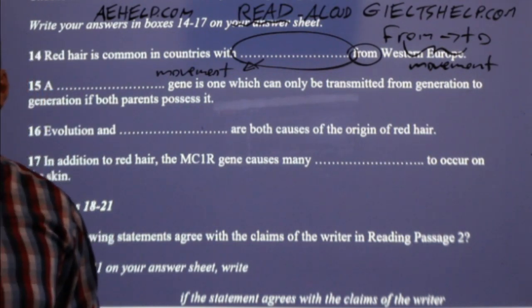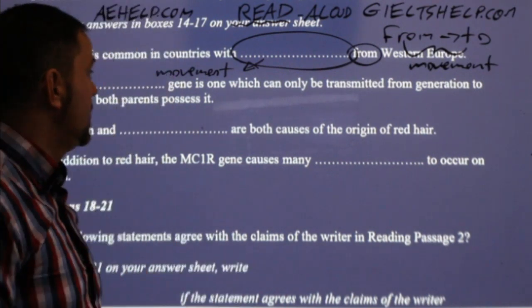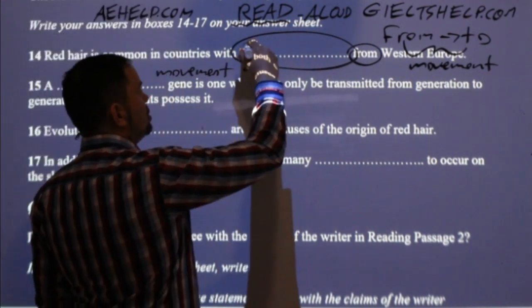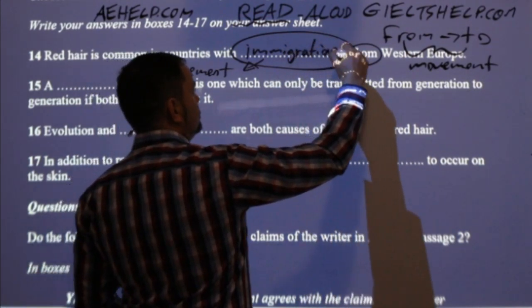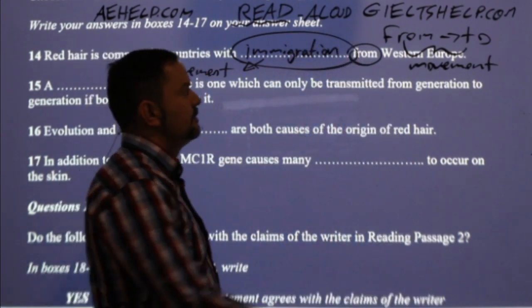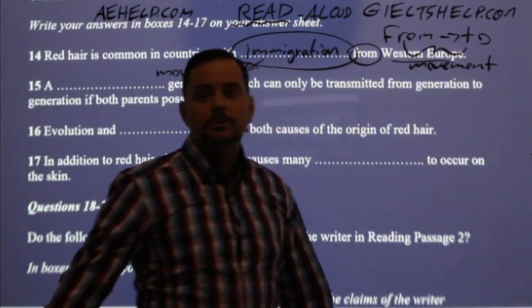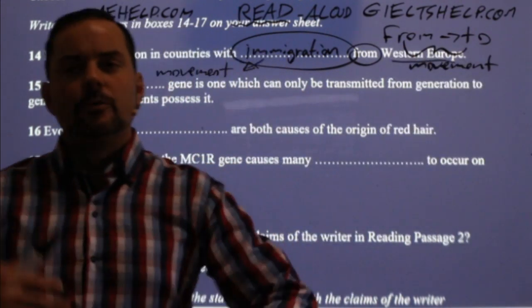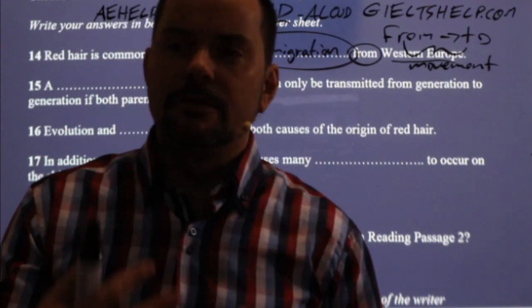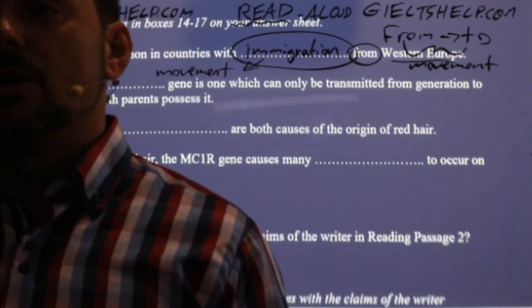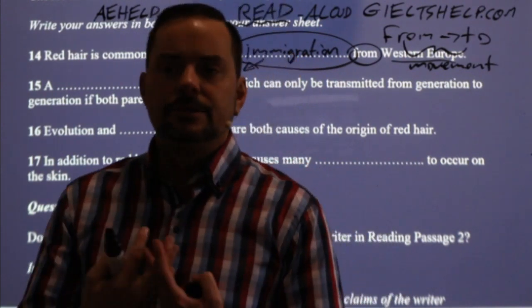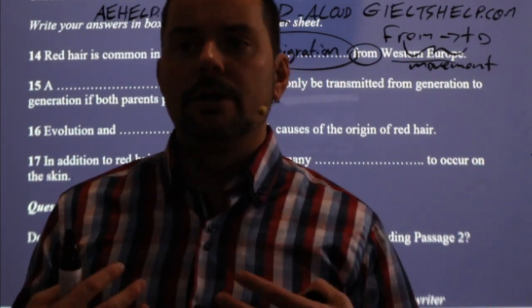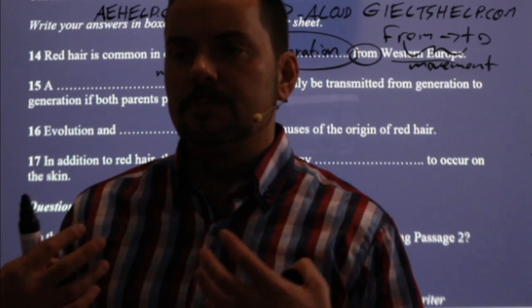Yeah, Amira, you're very, very close. So with immigration, where did many people from Western Europe immigrate to? And again, I'm really encouraging your visualization here. So from Western Europe, like from England, Scotland, Ireland, France, Spain, where did a lot of those people immigrate to?